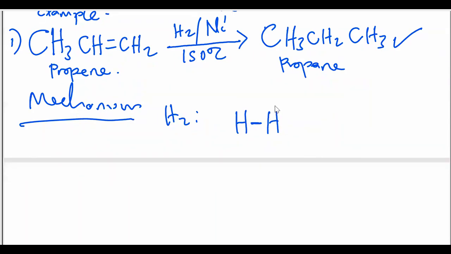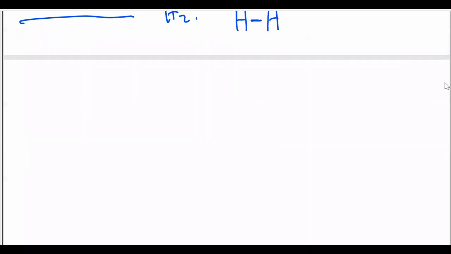Those two hydrogens, one will go with one of the bonds on the propene. One is partial positive and the other is partial negative. Now the partial positive hydrogen atom will go with one of the bonds in the propene. Okay, thank you.